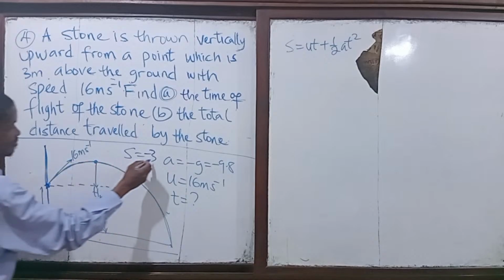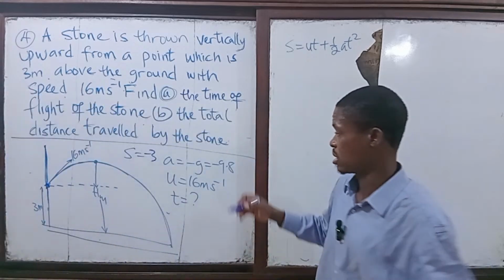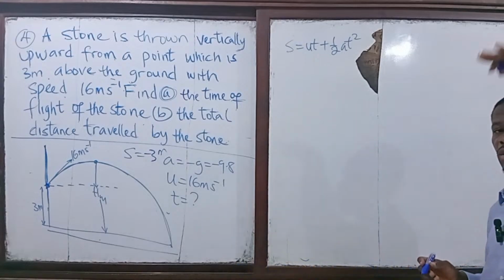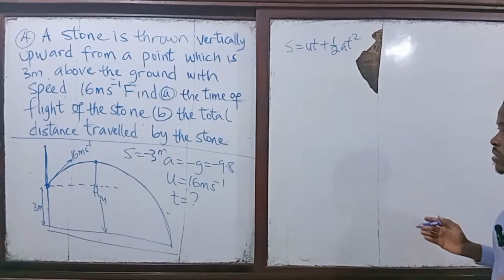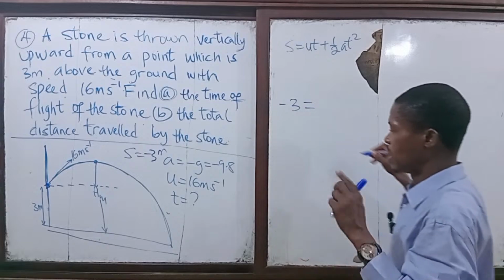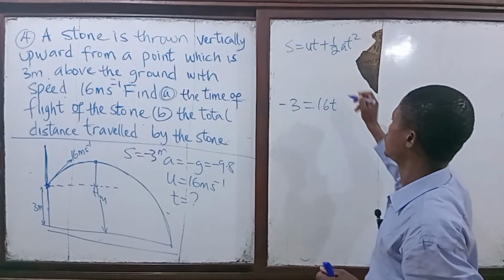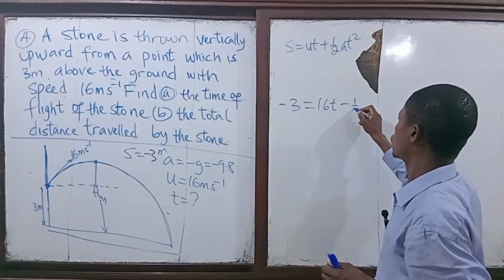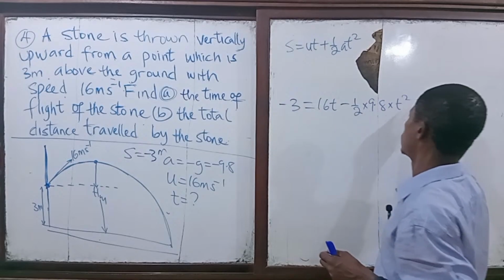So minus 3 equals u, which is 16, times t, plus acceleration, minus g, that's 9.8, times t squared.